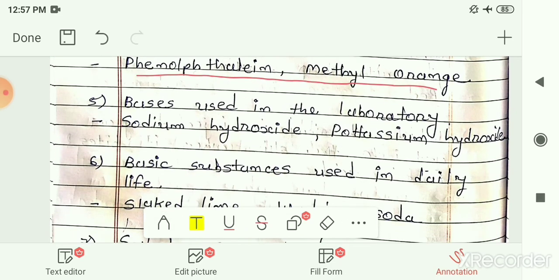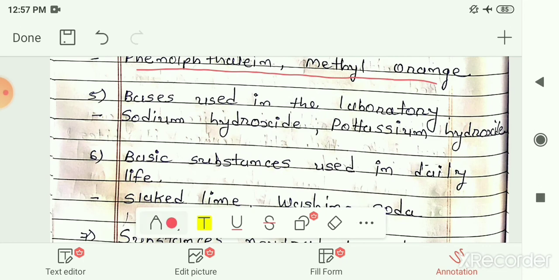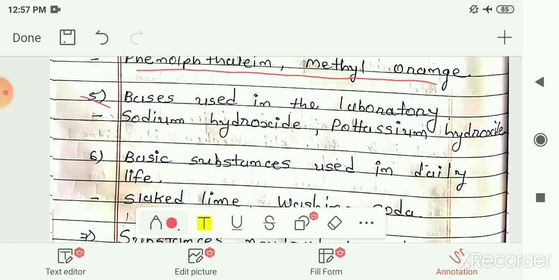Next, fifth number, bases used in the laboratories. So your answer is sodium hydroxide and potassium hydroxide. These are the two bases which we use in the laboratories, and they can also be represented as NaOH and KOH.